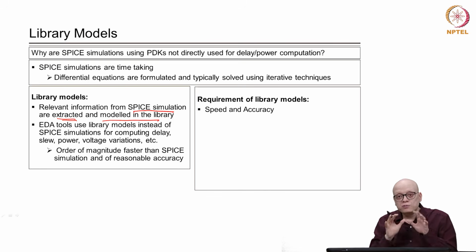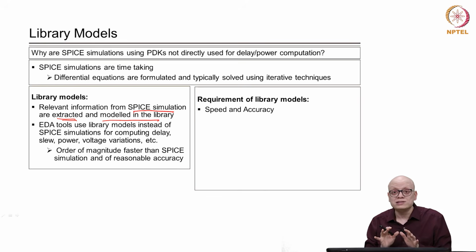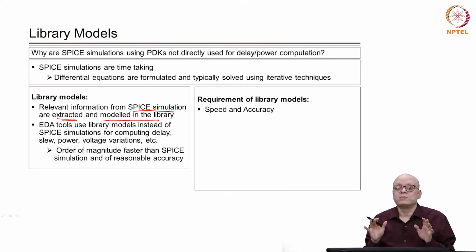We model only important things that we consider will be required in computing, say, delay and other things. So, we are actually losing some information from spice simulation, but the trick is that we should lose information which is redundant, meaning that the accuracy loss by removing some information should be acceptable compared to the spice simulation, which is considered the golden result.